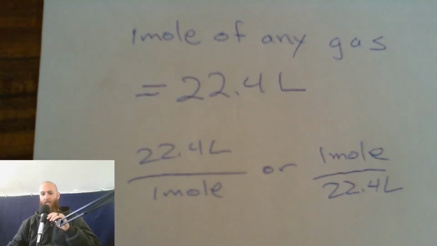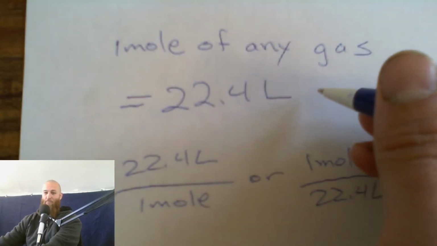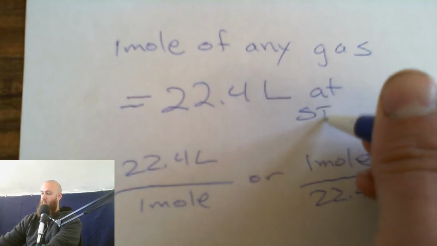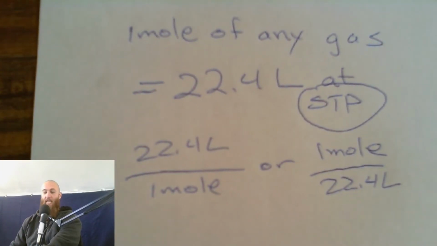So there are some caveats here, okay? This is not 100% true. This is only true under certain conditions. Those conditions are called STP, okay? STP stands for standard temperature and pressure.